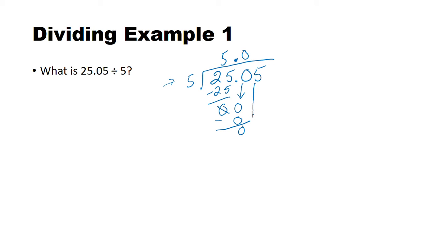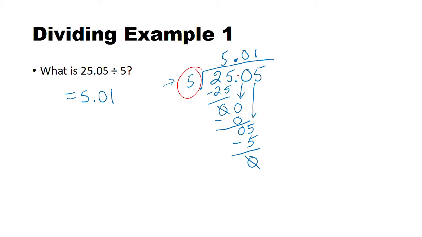And now I'll bring down this 5, and now 5 goes into 5 one time, and then 5 times 1 is 5. And now I have no more numbers. I'm done at 0, and so I can see that 25.05 divided by 5 is 5.01.